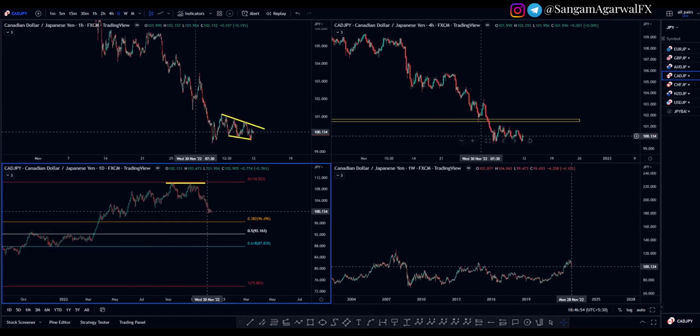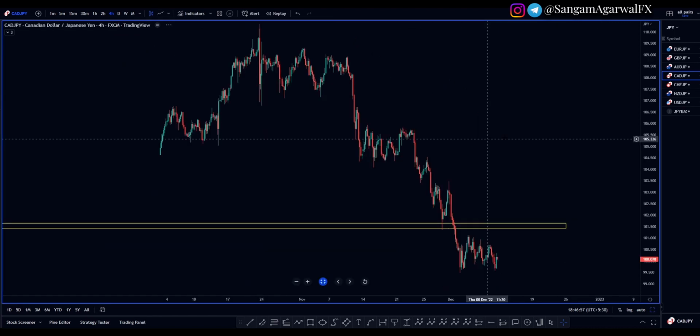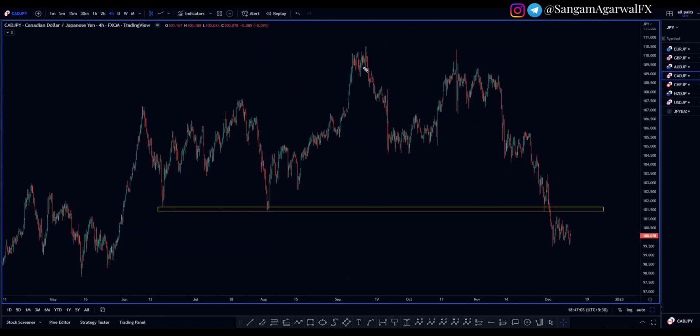And if we switch to H4 time frame, then this was your double top, and this was your horizontal support broken, and this was your last support, this is also broken. On first retest of this level it bent up, but on second attempt this level has been broken.